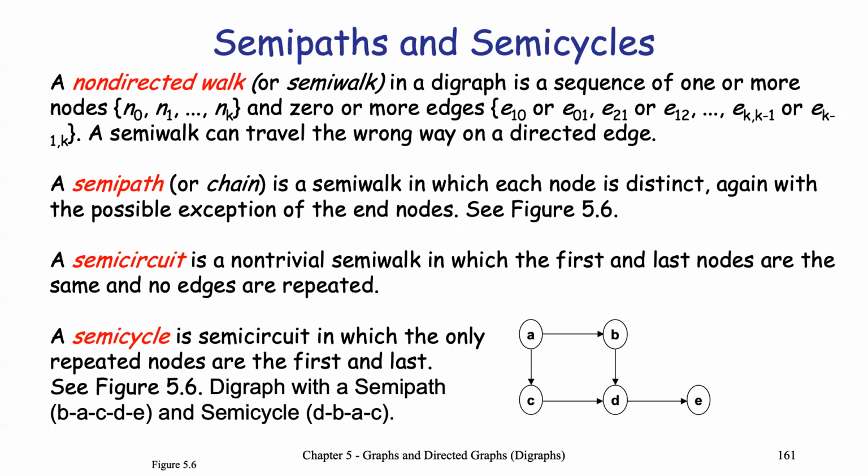A semi-path is a semi-walk in which each node is distinct, again with the possible exception of the end nodes. A semi-circuit is a non-trivial semi-walk in which the first and last nodes are the same and no edges are repeated. And a semi-cycle is a semi-circuit in which the only repeated nodes are the first and last. And so we can see figure 5.6 for that.